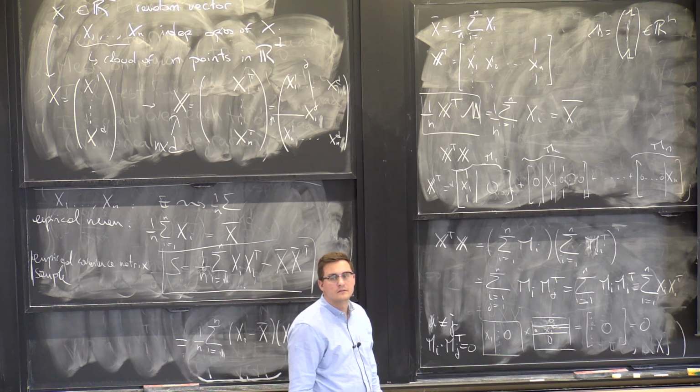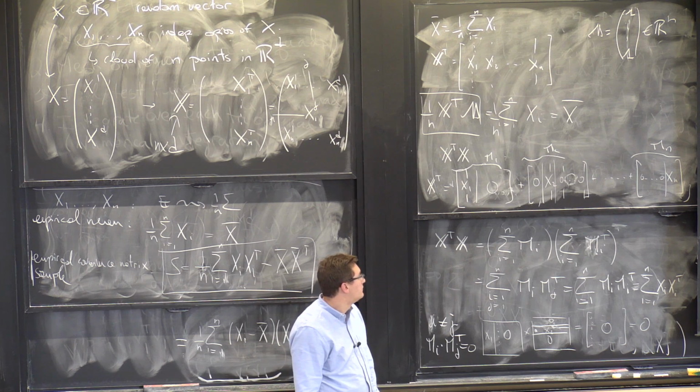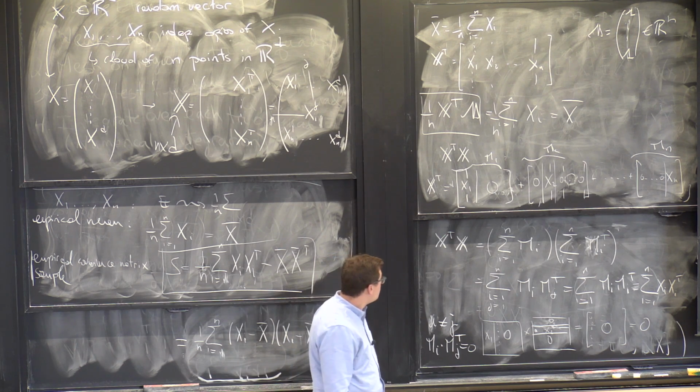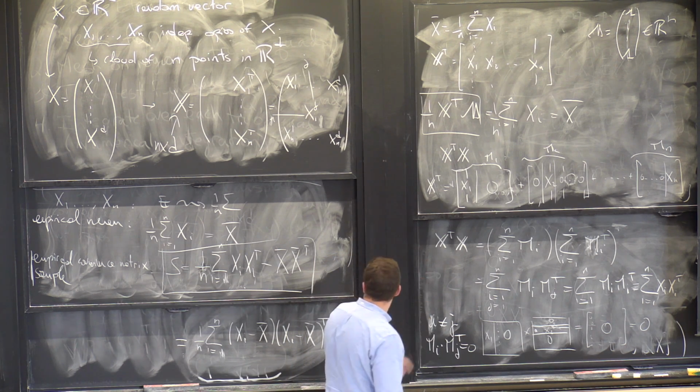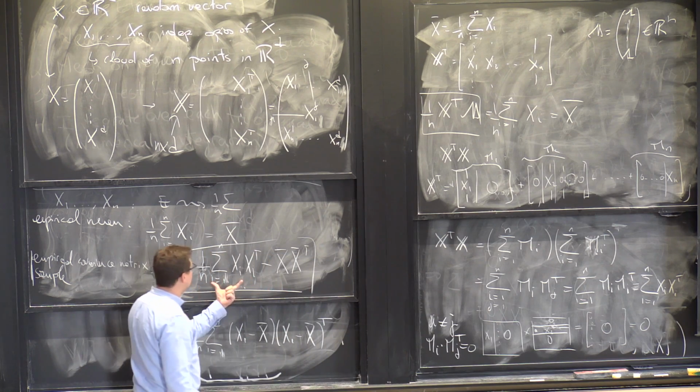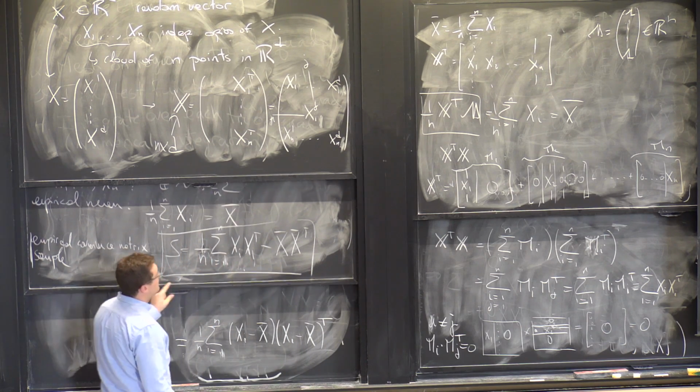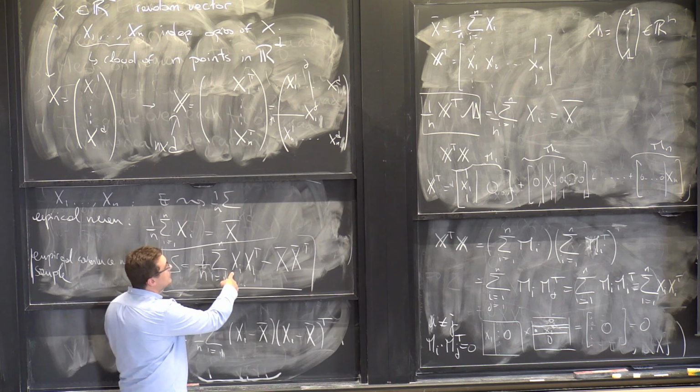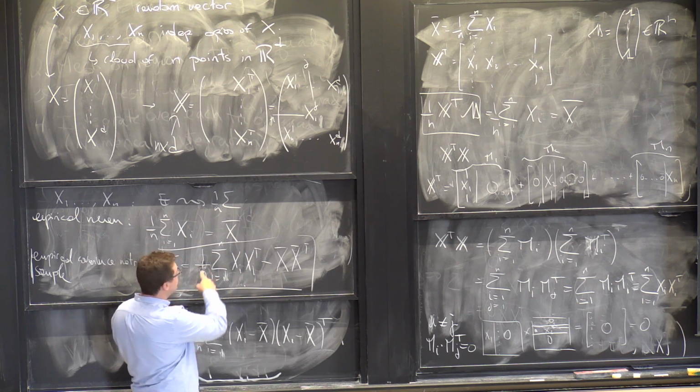OK? Just because mi transpose is xi transpose. There's nothing else there. So that's the good news, right? This term here is really just x transpose x divided by n.